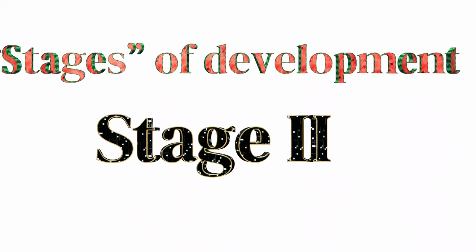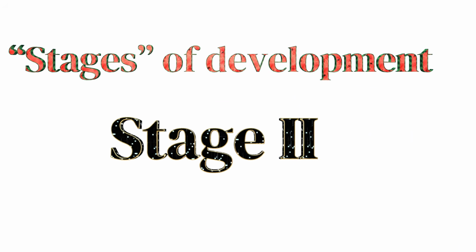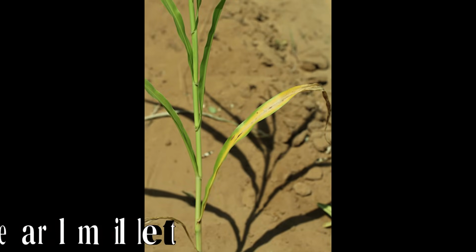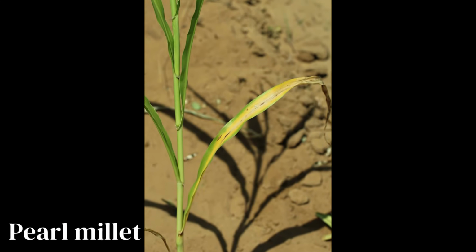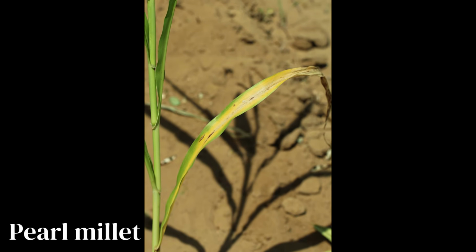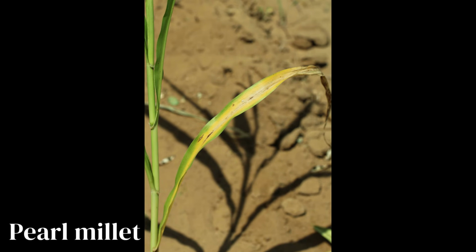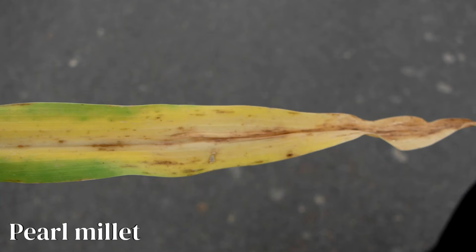Stage second. If the deficiency becomes severe, a pale yellow chlorosis begins at the tip of the old leaves and proceeds towards the base along the midrib in a V-shaped pattern.